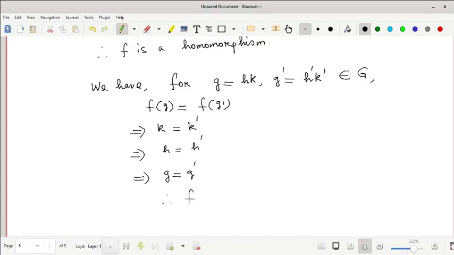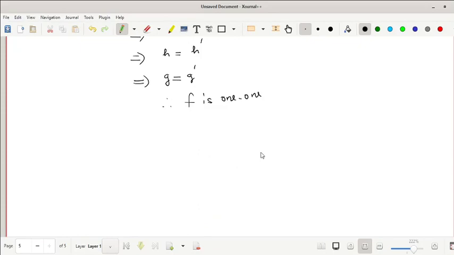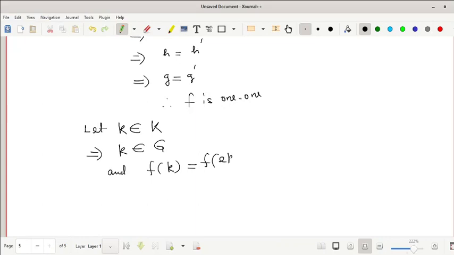Therefore, f is one-one. Now to show onto, choose any element from K. Let k belong to K. This is contained in G, so this k is automatically in G. And what is f of k? f of k is actually f of ek, that is nothing but k.